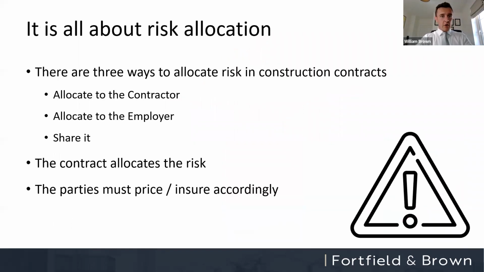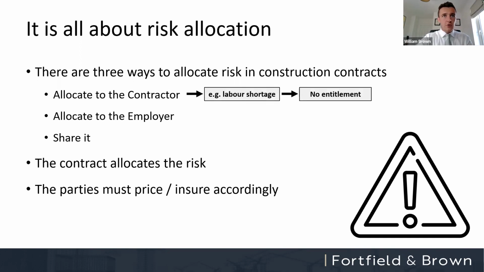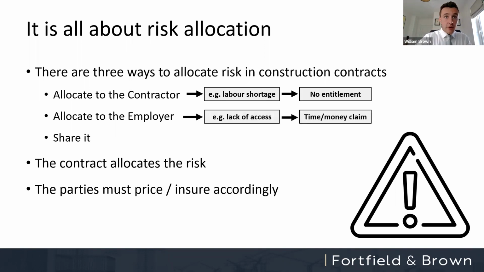So moving on then, this links into what we've been talking about on the previous slide. So when it comes to risk, generally speaking, there are three different ways to allocate risks between the parties. You can allocate it to the contractor, or linking into your question, Christy, in a subcontracting scenario, you could give it to the subcontractor, or you could allocate it to the employer. Using your example, Christy, that would be the contractor.